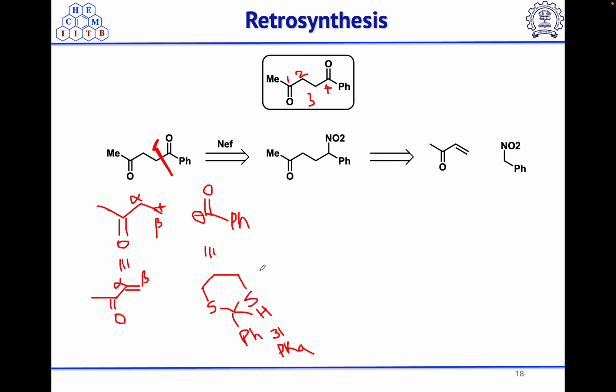Another possibility is there: you can think about nitromethane based reagents. You need some base here, and you can easily generate the carbanion here. The pKa of nitromethane is generally around 10 to 13, depending upon the substituents at the methyl position.